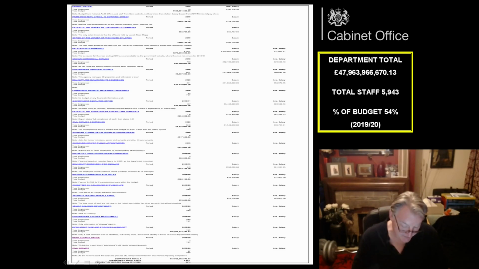Now the number of staff that I've got there is, hold on a second. No, fuck it. The number of staff on there are 5,943. It's not going to be right.